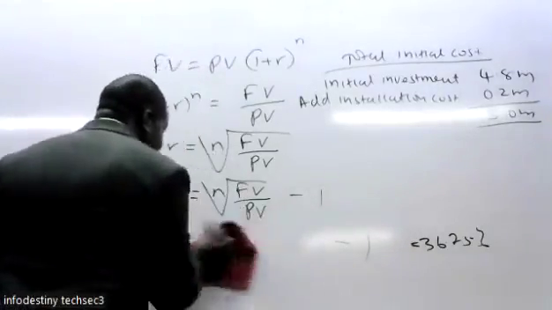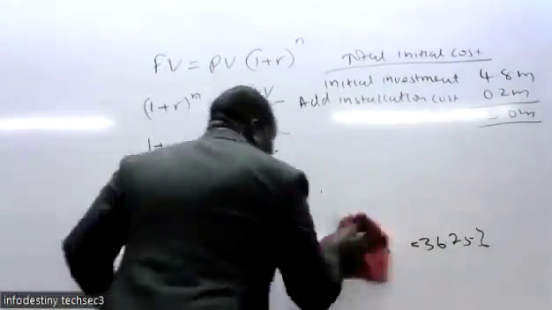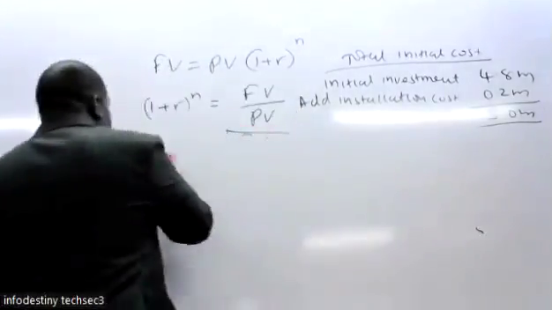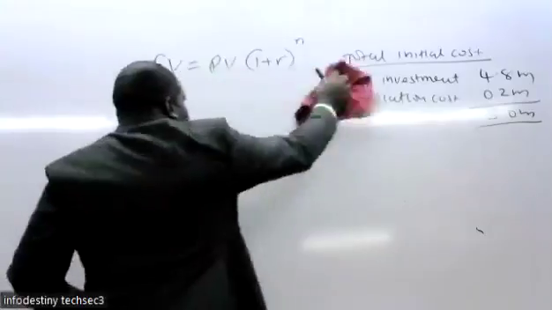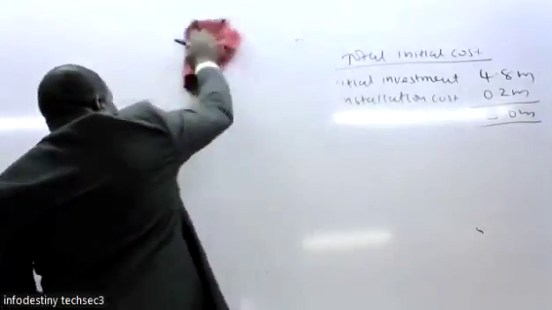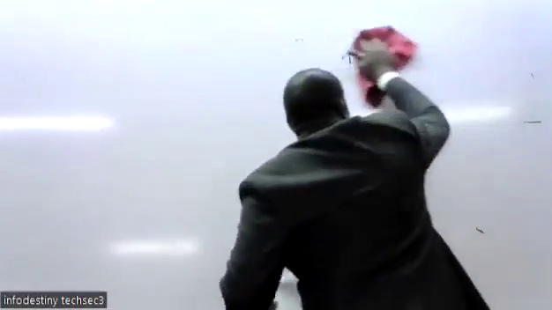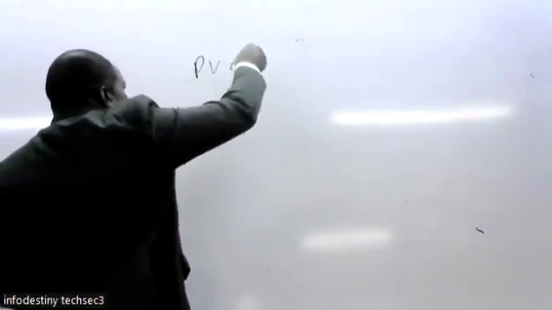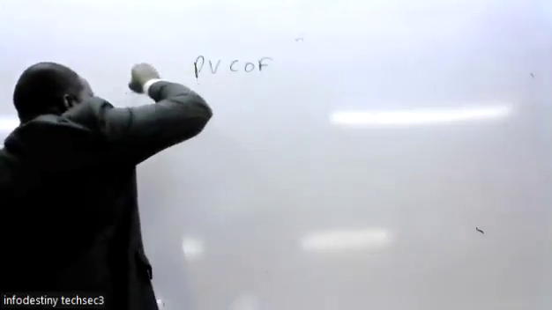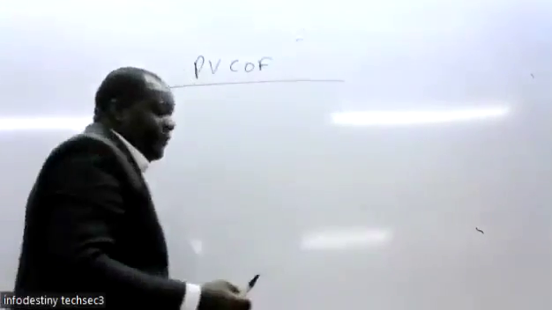That total initial cash outlay is the same as the present value for the cash outflow.